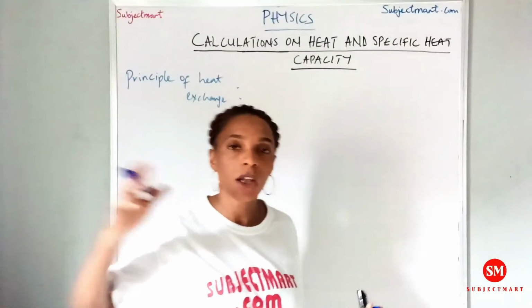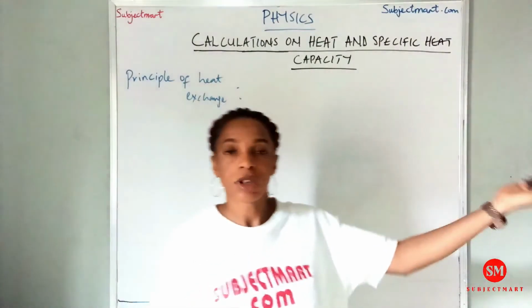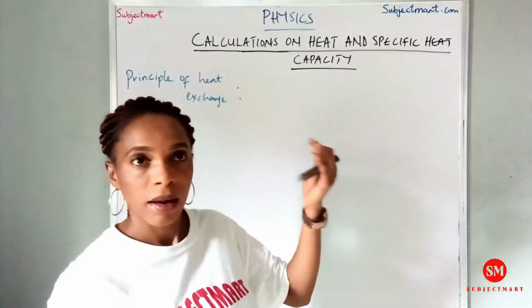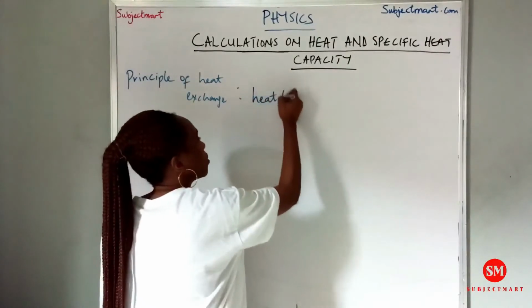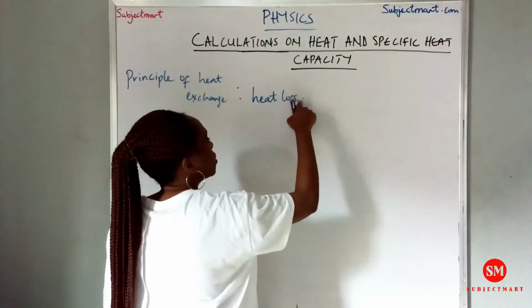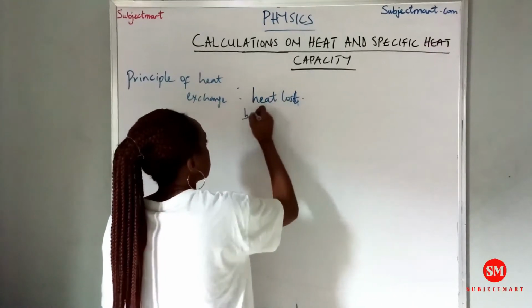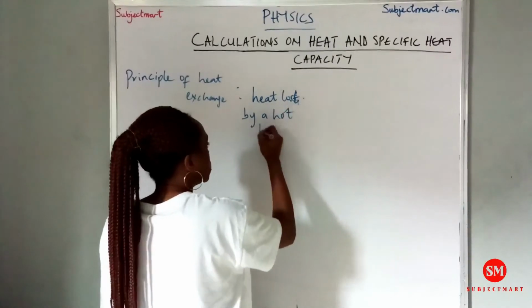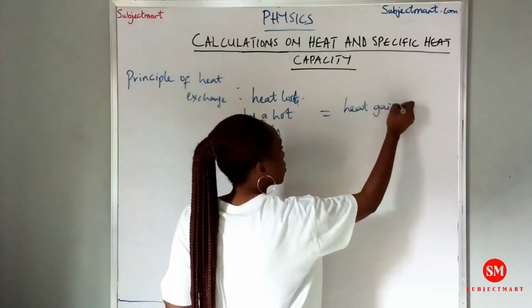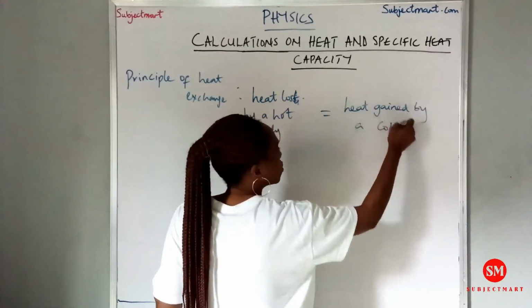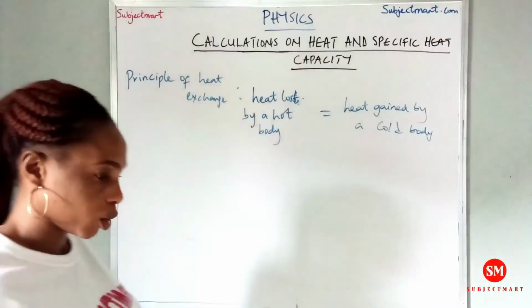So heat lost by a hot object or a hot body is equal to the heat gain by a cold body.